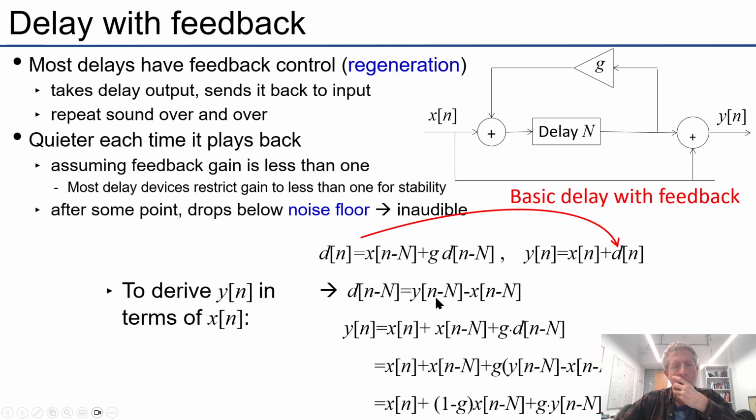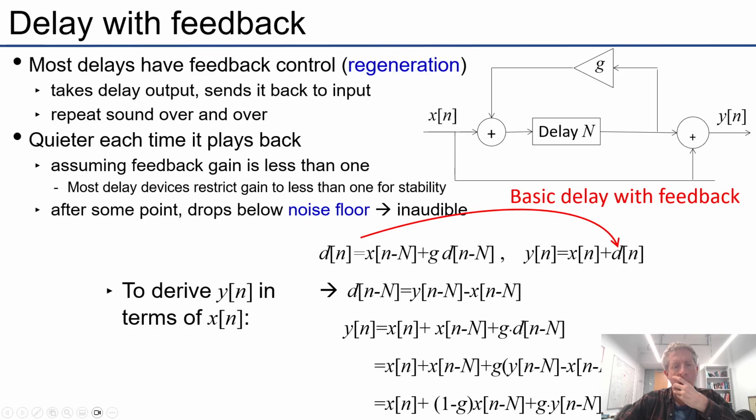So we get y of n equals x of n plus, instead of d of n, x of n minus capital N plus g times d of n minus capital N. Now we have these two equations. We can replace the d of n minus capital N in both of those equations. That's what we get in the second to last equation.